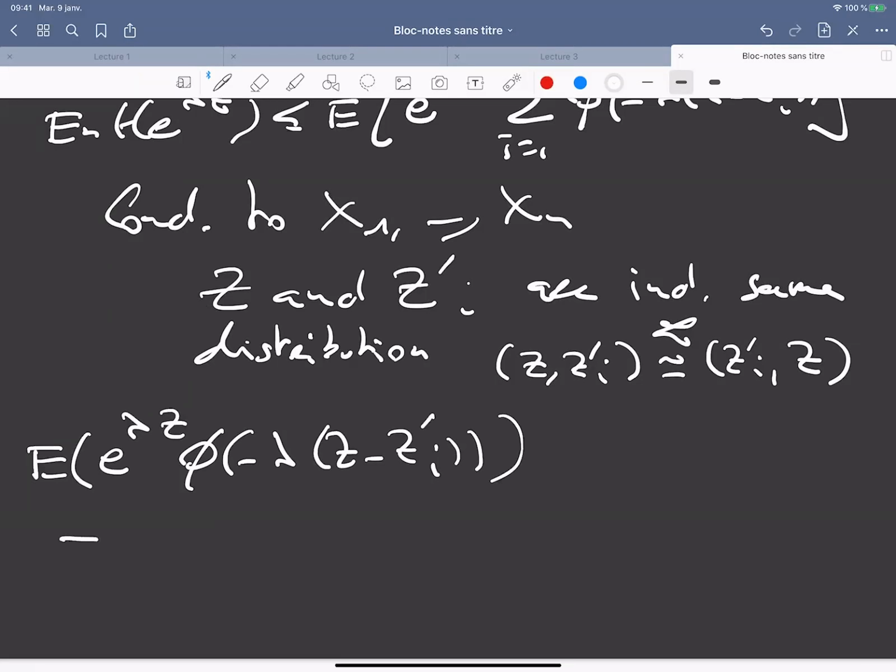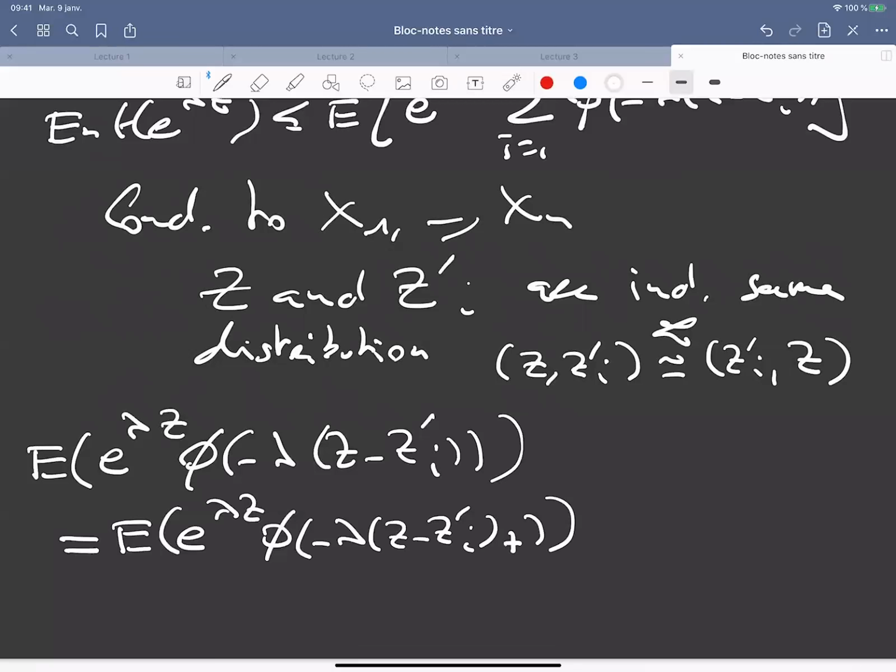It is equal to the same guy, but where I am computing phi on minus lambda Z minus Z prime I positive part, plus, of course, the same, but with negative part.